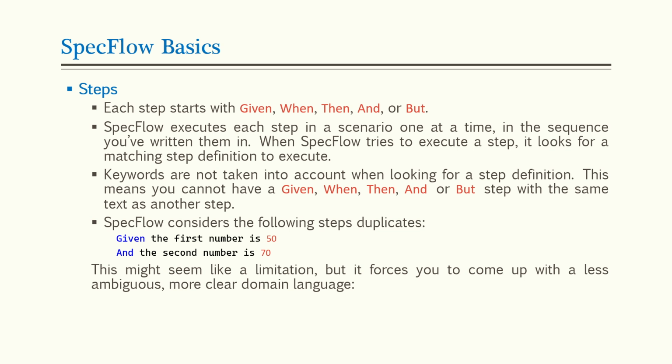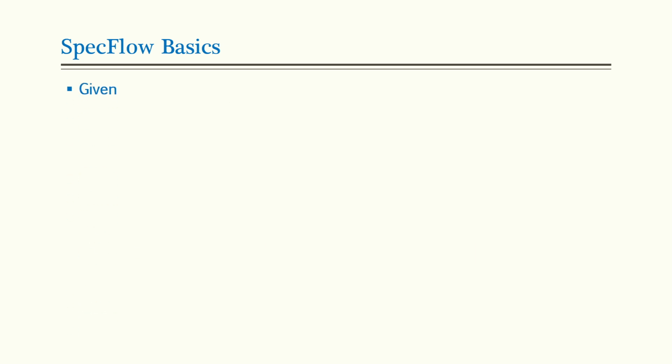This might seem like a limitation, but it forces you to come up with less ambiguous and clearer domain language. You can utilize the same step definition by passing the text or by using the scenario outline. I will showcase that.